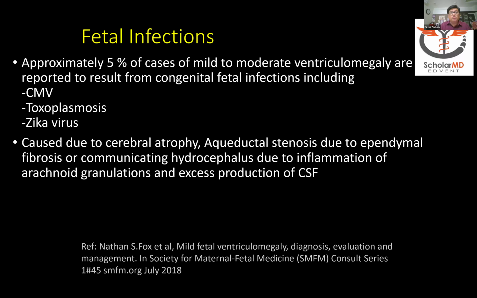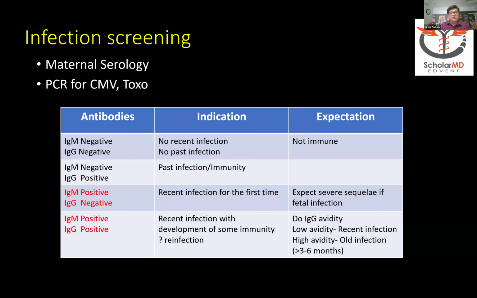Hence, we need to do a maternal serology, and anyway, if you're going to do an amniocentesis, you can do a PCR for CMV also, but your maternal serology is very important. Just doing a maternal serology is not enough. You should know how to interpret the TORCH report. If you find that the IgM is positive and the IgG is negative, then this is definitely a recent infection for the first time, and expect severe sequelae because of this.